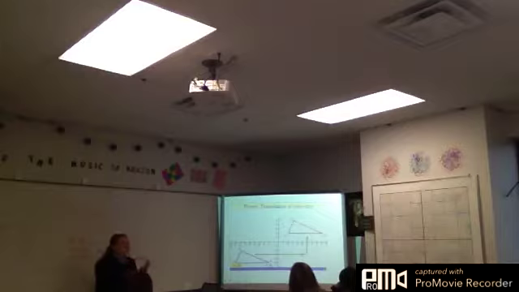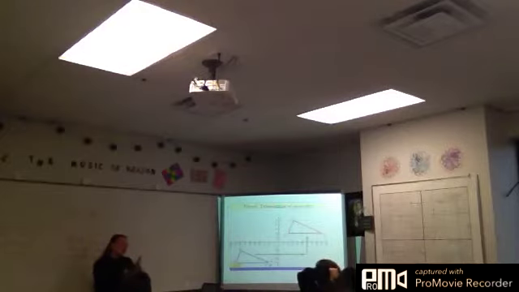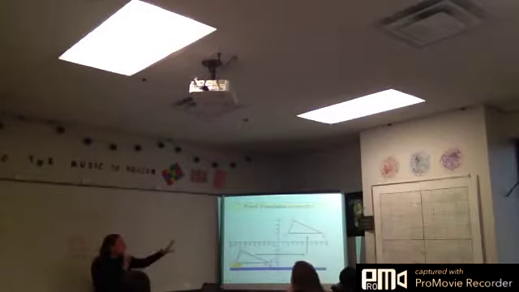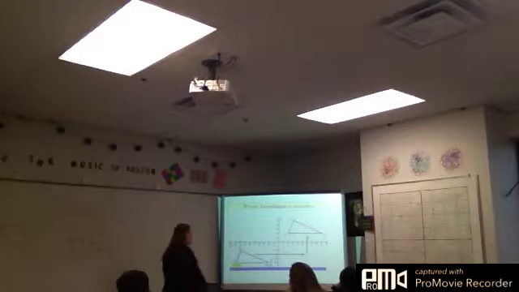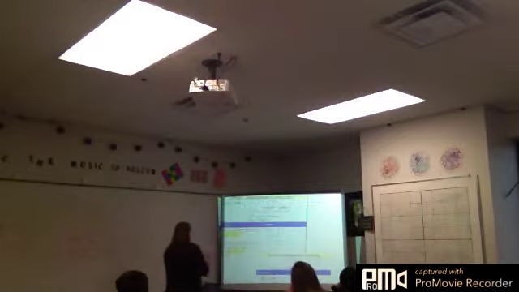You can use side, side, side; angle, side, angle; angle, angle, side; if it's a right triangle, hypotenuse, leg; or side, angle, side. So when you see a transformation with a translation, or even a rotation, if it has isometry to it, then they are still the same, congruency-wise, and you can make an easy proof that way. Does that make sense? Just wanted to throw that out there.